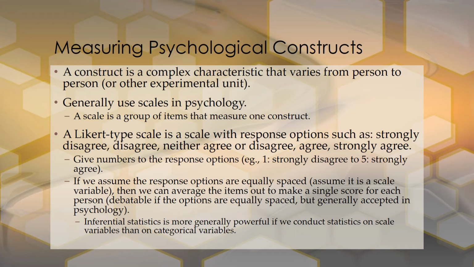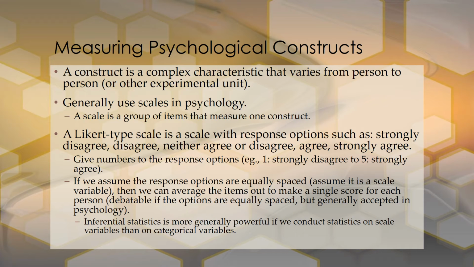But in this case, they're ordered, and we're assuming that they're equally spaced from each other. So we're not going from strongly disagree to agree and then strongly agree. That wouldn't make any sense, because if you only had 3 categories, strongly disagree, agree, and strongly agree, that wouldn't be equally spaced, because the distance between strongly disagree and agree is different than the difference between agree and strongly agree.